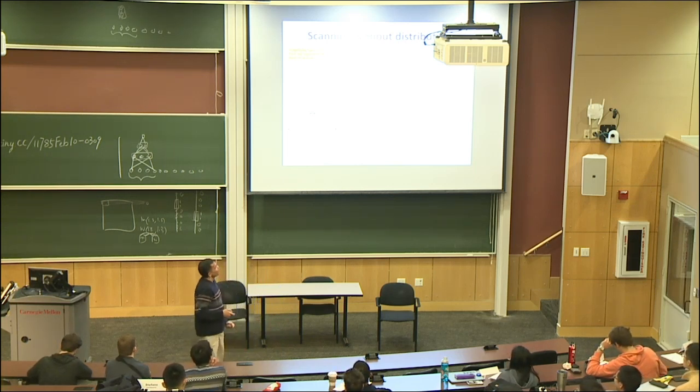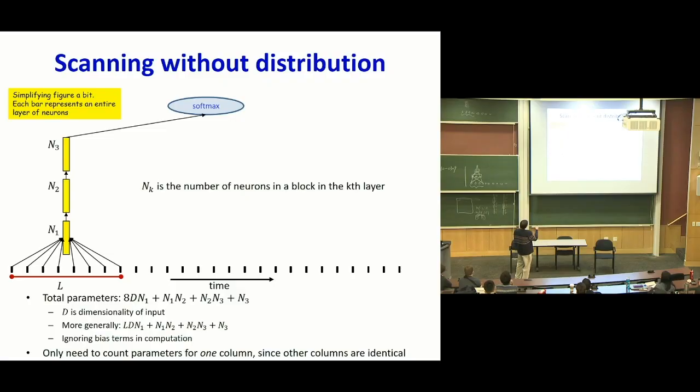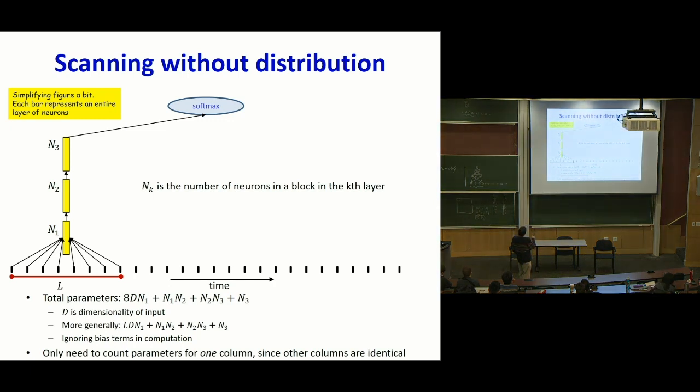Anyway, and how about this one? This actually represents how many? Just this guy. N2 times N3, right? So just to give you an idea. Now, each of these neurons is connecting to every one of my inputs. In this case, there are 8 of them. But each of the 8 is a d-dimensional vector, right?